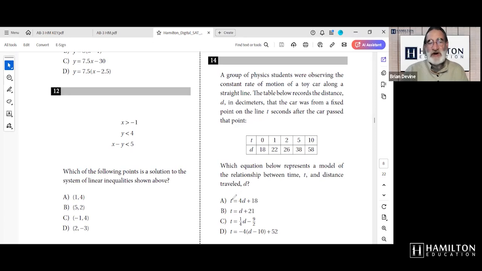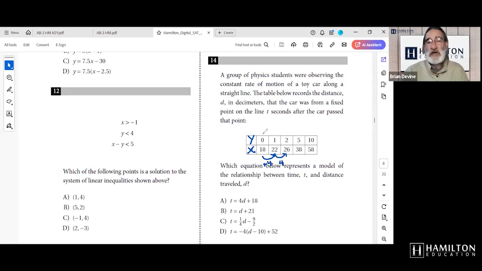And I look down and I see all of the equations are t defined by d. So t is a function of d in all of these answers, which means in effect, d is x and t is y. So for every 4 I go up in x, you can see that it's 4, 4, 4.